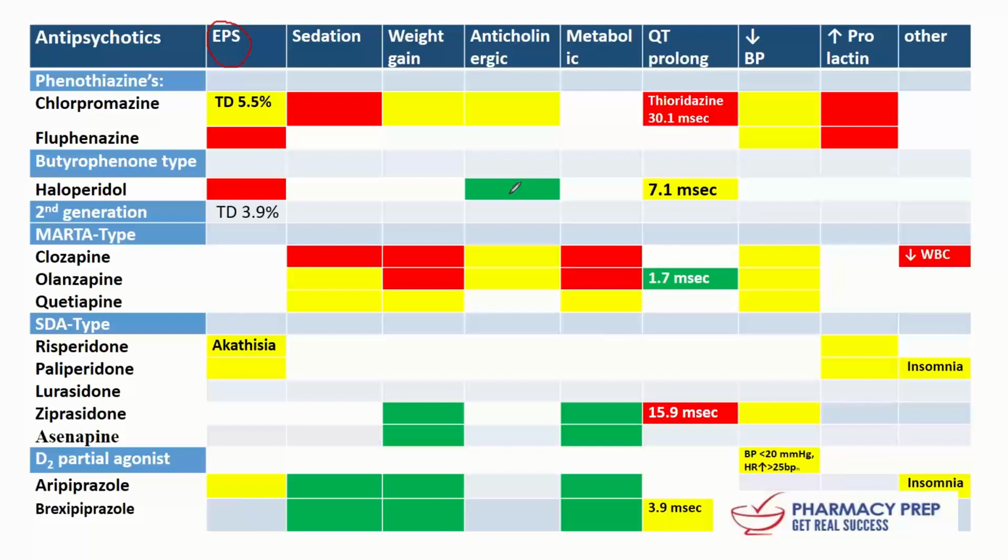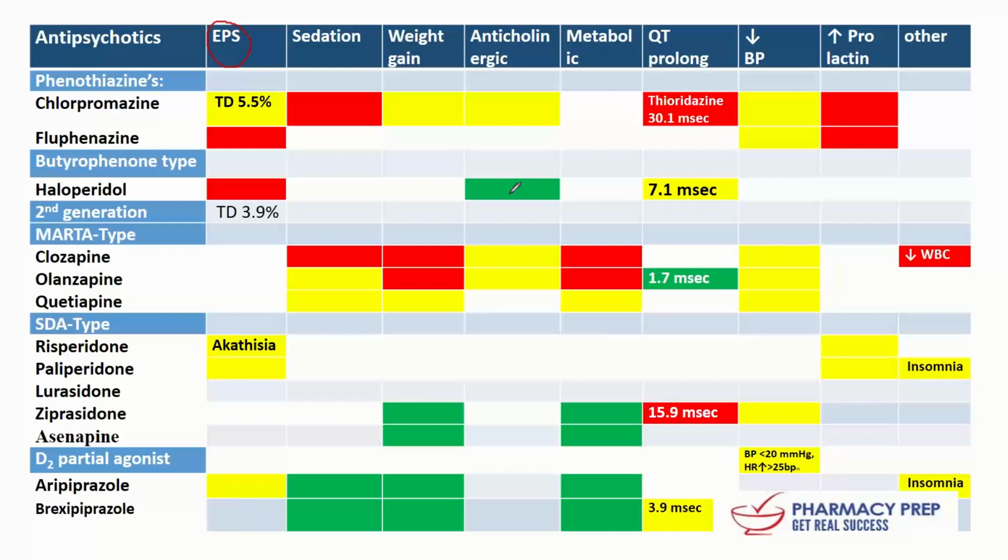Because these videos are mainly for students who are writing board exams like the pharmacy board exam, medical board exams, USMLE, NAPLEX, or NCLEX exams. For those students, there are most possible questions on the highs and the most likely side effects or the least likely side effects.